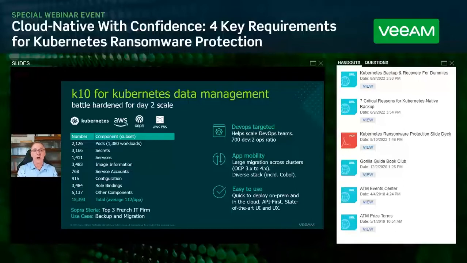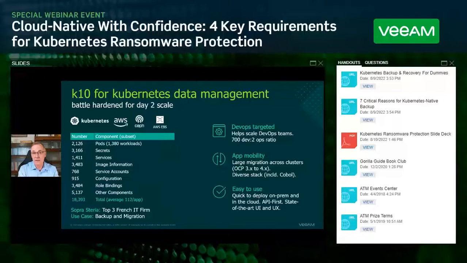In other words, all the things that are listed in the Soprasteria example, things like secrets, services, image information, configuration, all of that metadata that are part of the application but aren't necessarily the end user data. You've got to be able to show you can protect that and you can protect different versions of it.